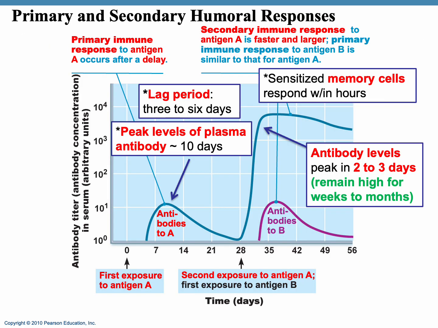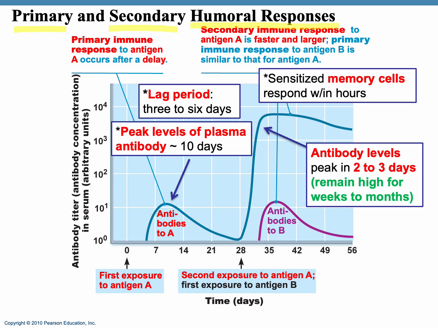Okay, this graph here is looking at the differences between the primary and secondary humoral responses. So the first part of the graph here, we're looking at the primary response.